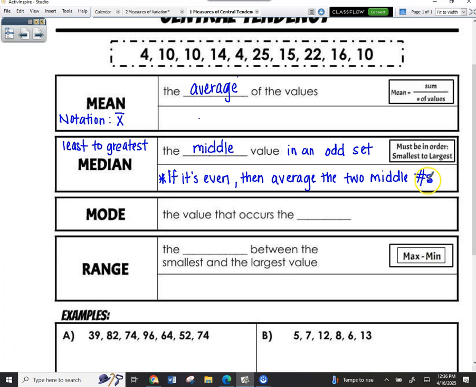So if it's odd, it's literally the number in the middle. But if it's even, you're going to have to do a little work. Find the 2 in the middle and then average them.